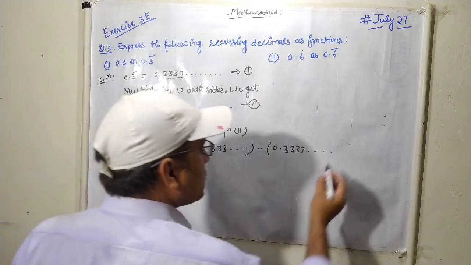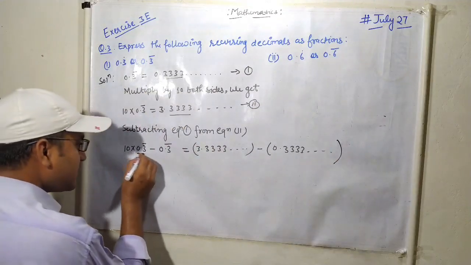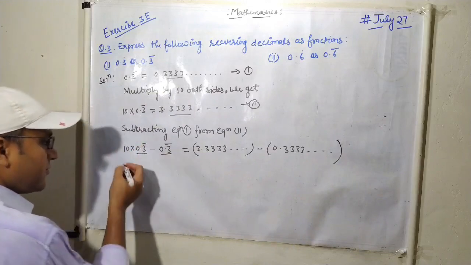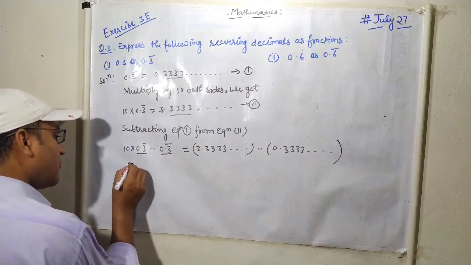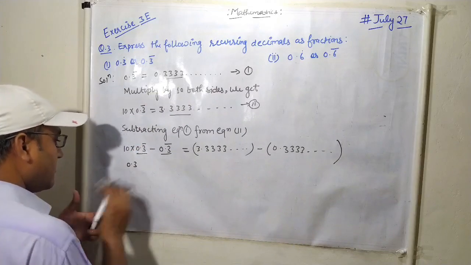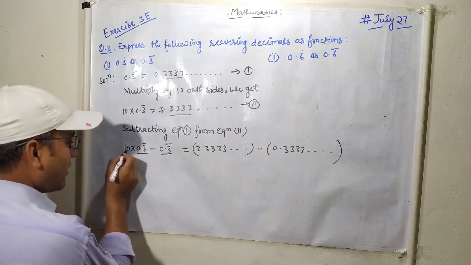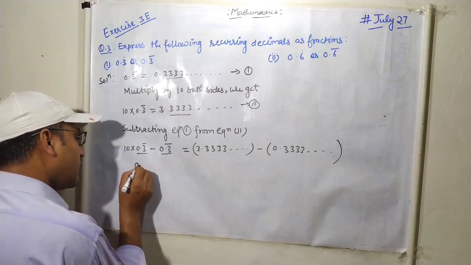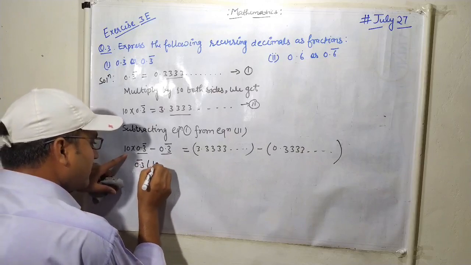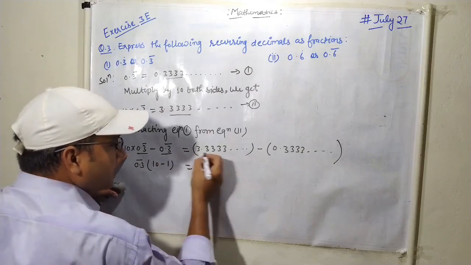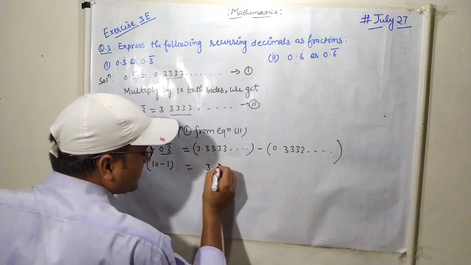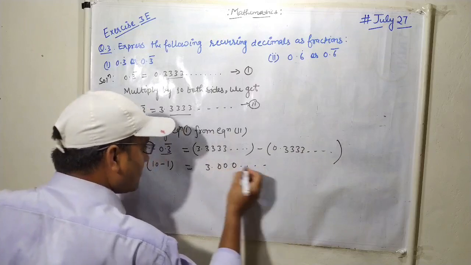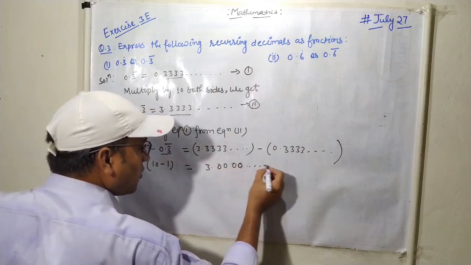If you subtract, here you see 0.3 bar and 0.3 bar. Take 0.3 bar as common: 10 minus 1. If you subtract, you will get 3.000 and so on.